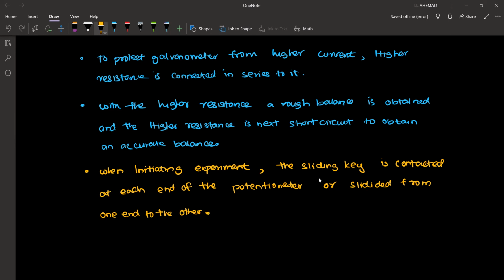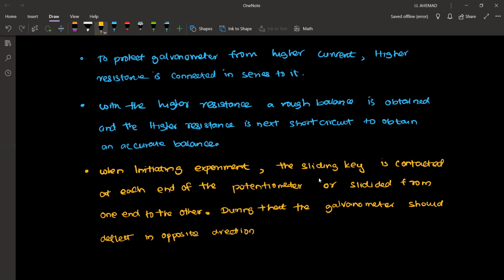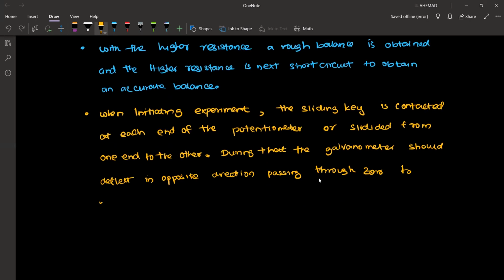During that, the galvanometer should deflect in opposite directions, passing through zero, to ensure a balance condition.